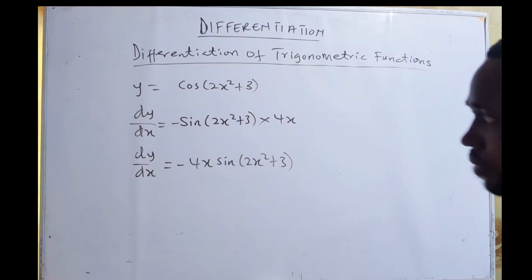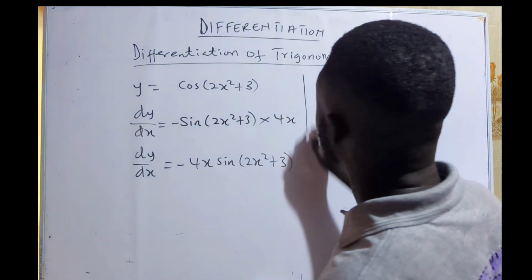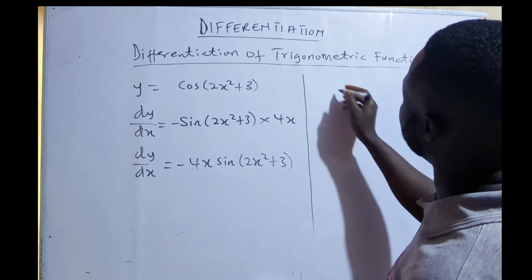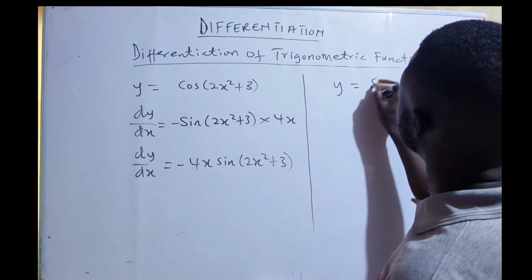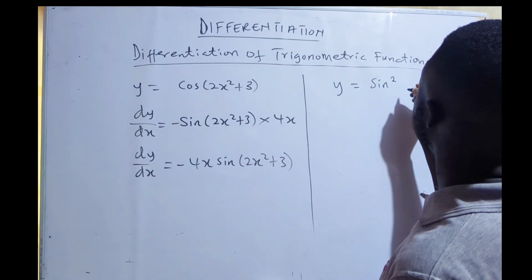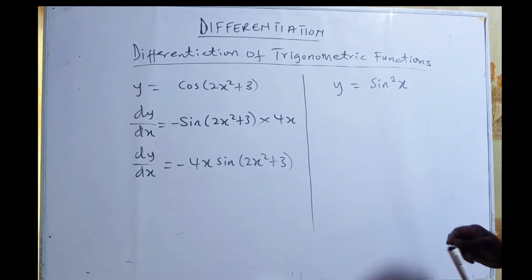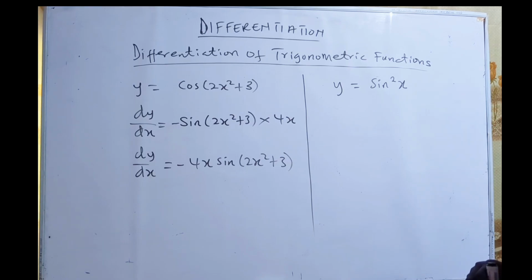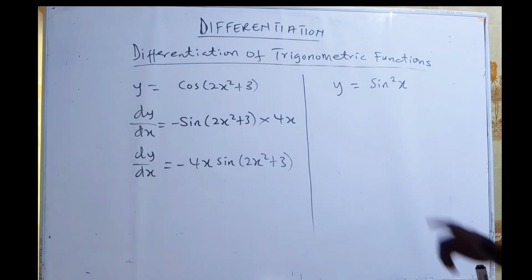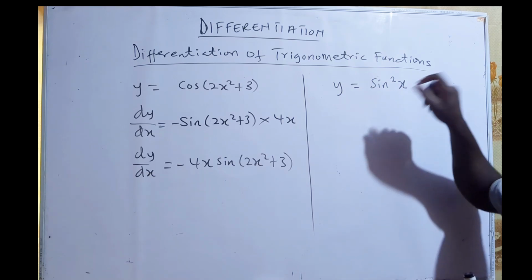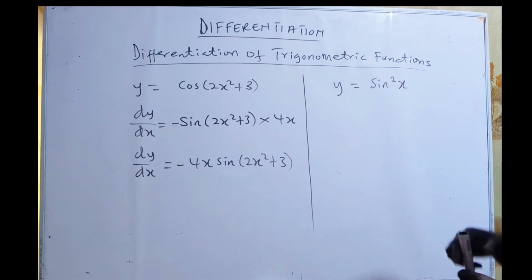Sometimes too, the question can be in the form of an exponent. Maybe I have y is equal to sine square x. If y is equal to sine square x, you differentiate this by applying the chain rule.